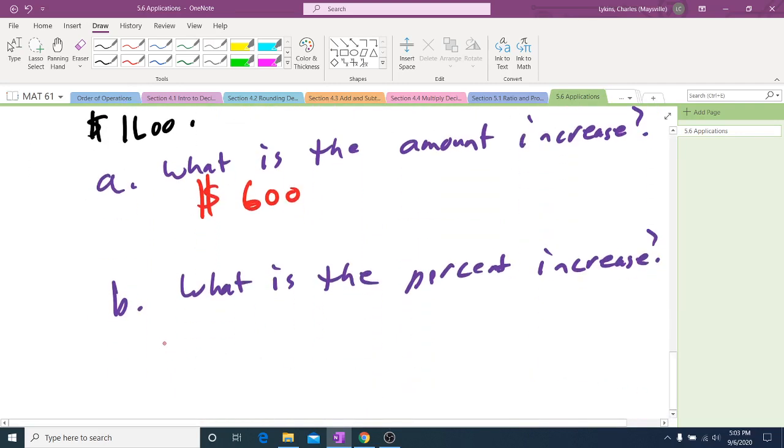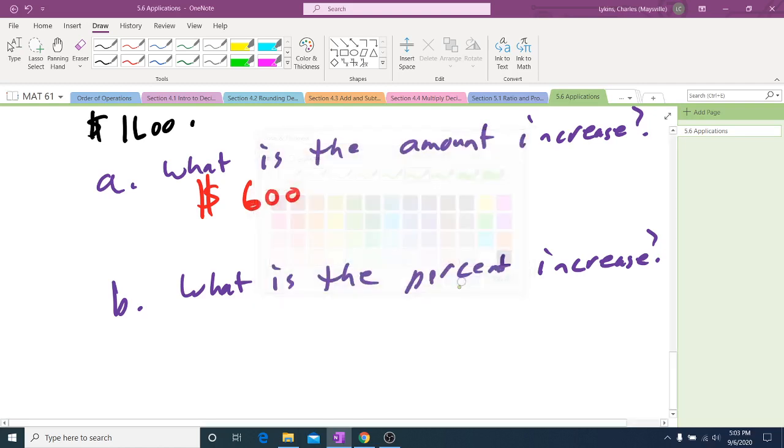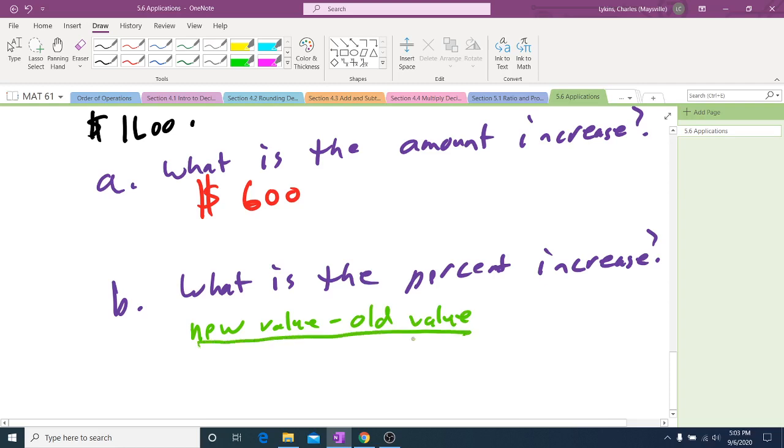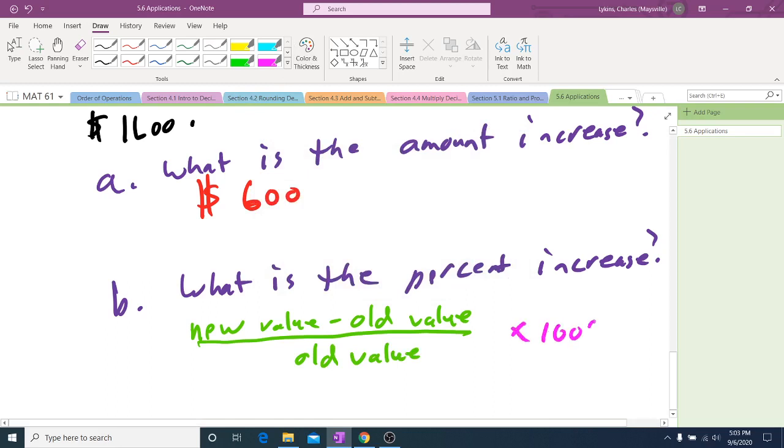Well, for those of us taking any kind of business math, this is a good formula to use. You take your new value, subtract the old value, put it over the old value, and just like with anything dealing with percentages, you multiply it by 100%.